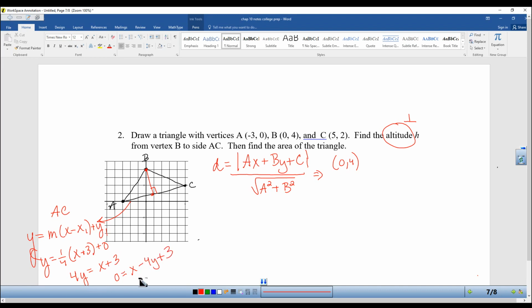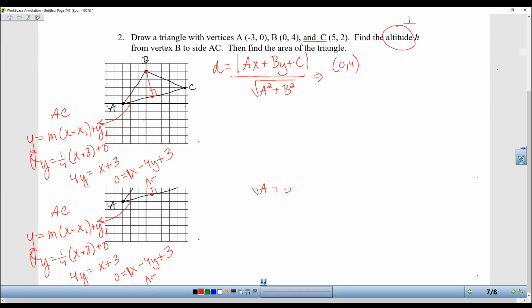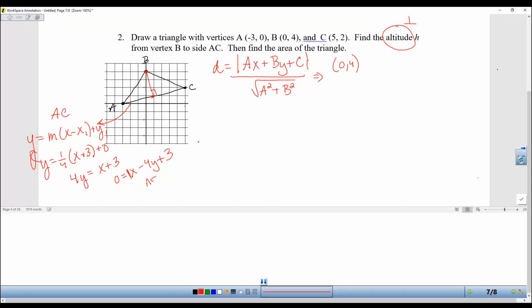Last time I moved these two over, I'm showing you that you can move these over. And then identify your A, B, C. A is equal to 1, B is equal to negative 4, and C is equal to 3.